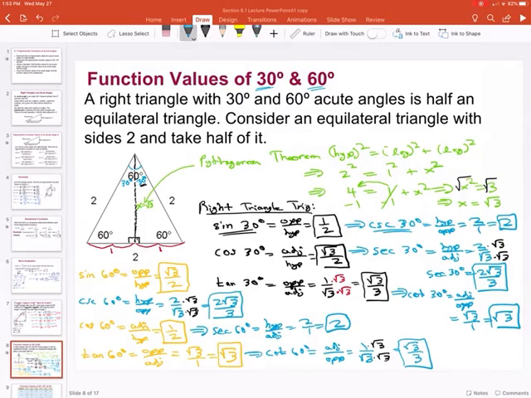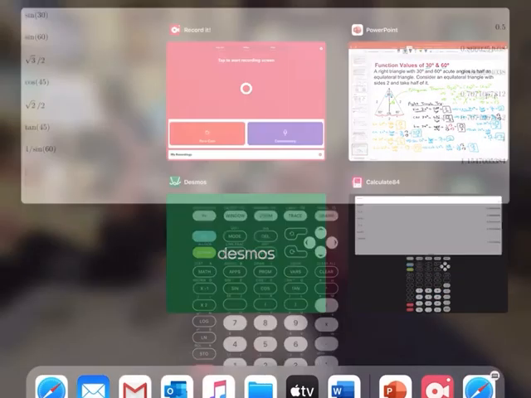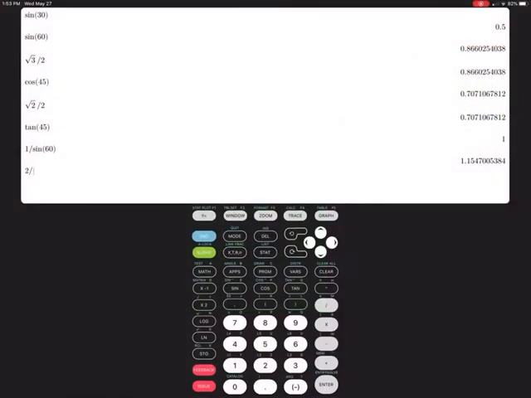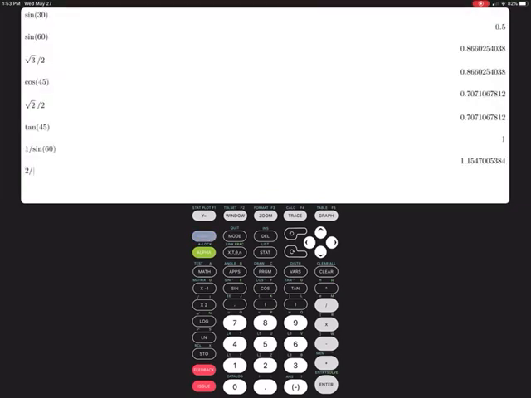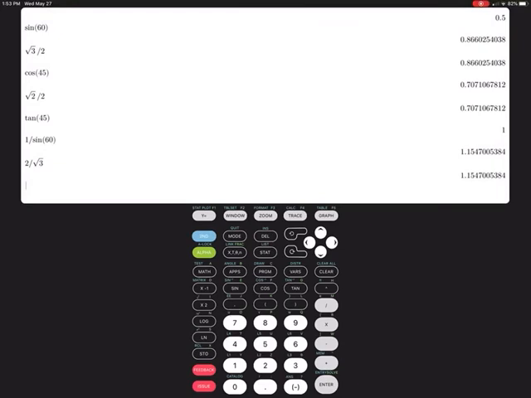You see here in our notes. So again, if you wanted to, type in 2 divided by the square root of 3. Let's put that in here on our calculator. There it is, 1.15470. Again, irrational number, but we want the exact. We do not need to round it.